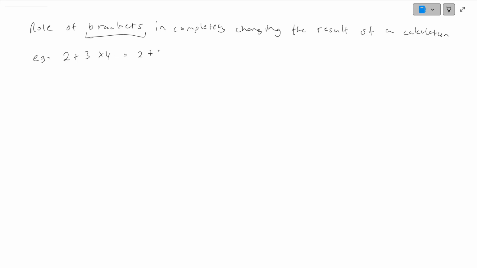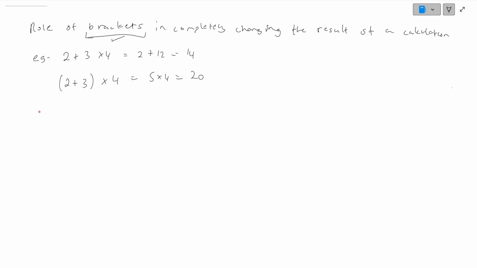Therefore, this becomes 2 plus 12, which is 14. But if we have this exact same expression, but we add brackets, (2 plus 3) times 4, now you have to do the brackets first, which gives you 5, and then you multiply by 4, which gives you 20. So just adding a pair of brackets changed the order of operations because the brackets are first on the priority list, and it made us do the addition before the multiplication. Therefore, brackets are very important in changing what you want your result to be.